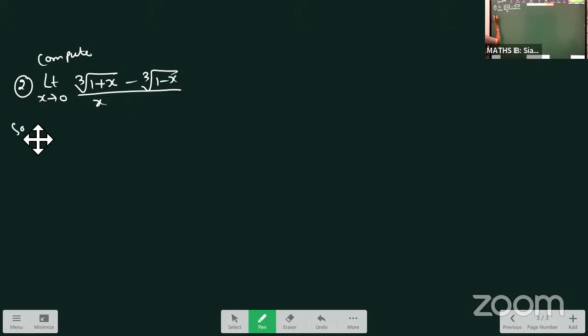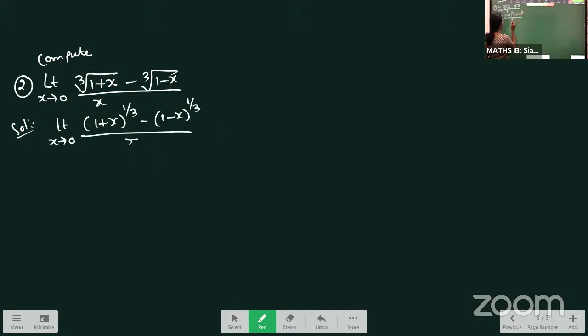Solution. Limit x tends to 0. Cube root, if you write it as a power, is 1 plus x to the power 1 by 3 minus cube root of 1 minus x, which is 1 minus x to the power 1 by 3, whole divided by x. Here what you have to do is subtract first and then add 1 in the numerator.